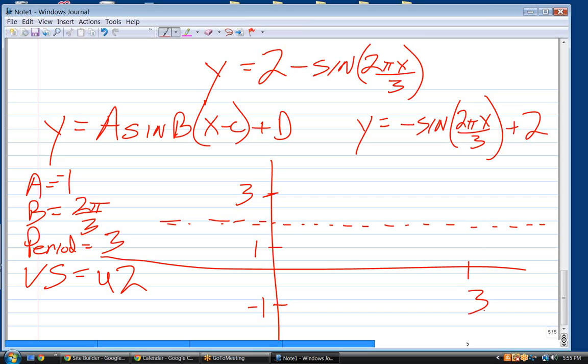So let me put 3 out here. It means I have to start right here. Since the sine curve normally starts at the origin, I'm going to go down first, not up. I've got to divide this into fourths.